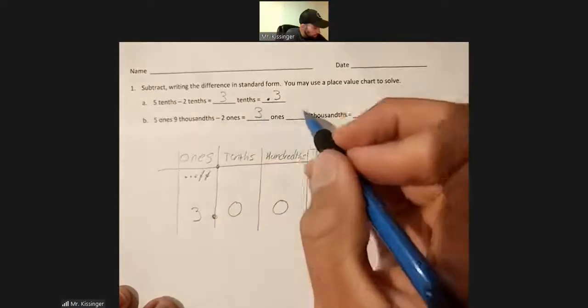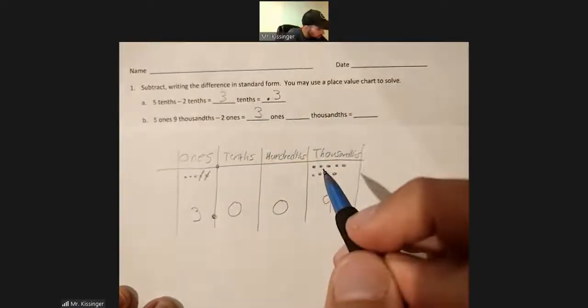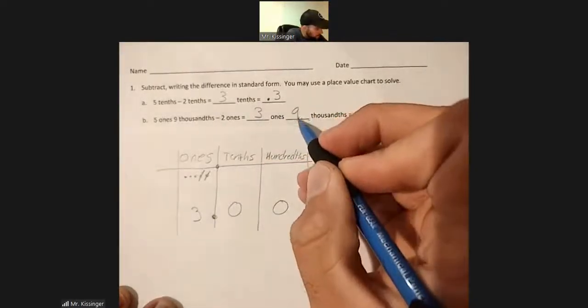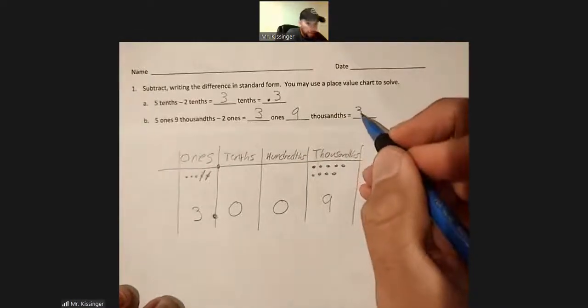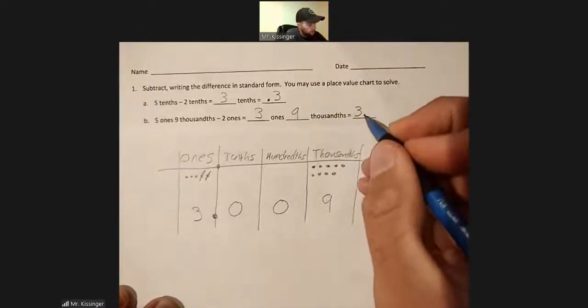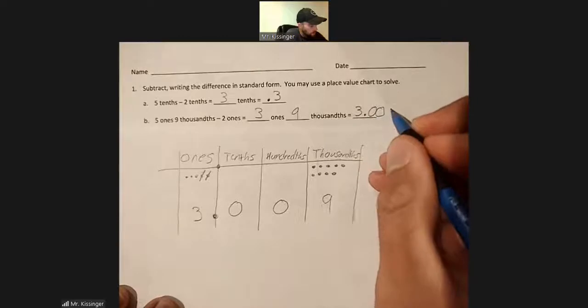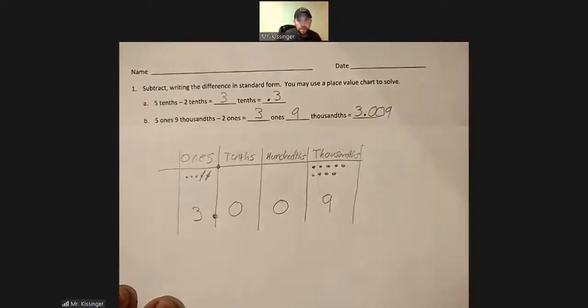What that'll look like in standard form is 3.009. 3 and 9 thousandths. That makes sense if we think about it, because 5 ones 9 thousandths minus 2 ones is 3 ones 9 thousandths.